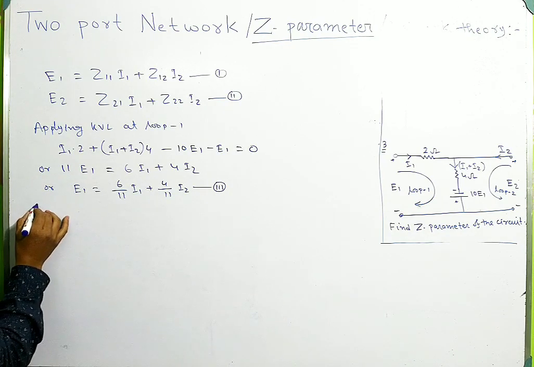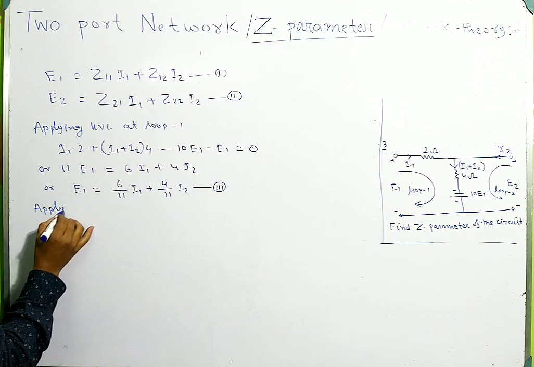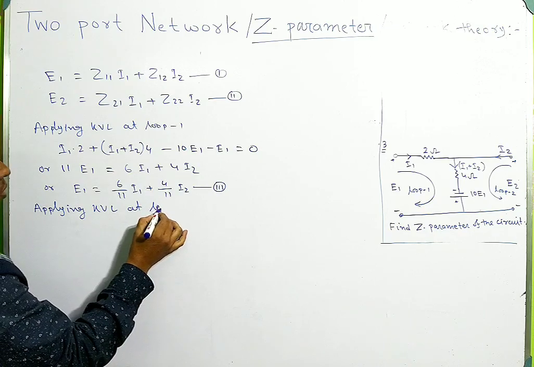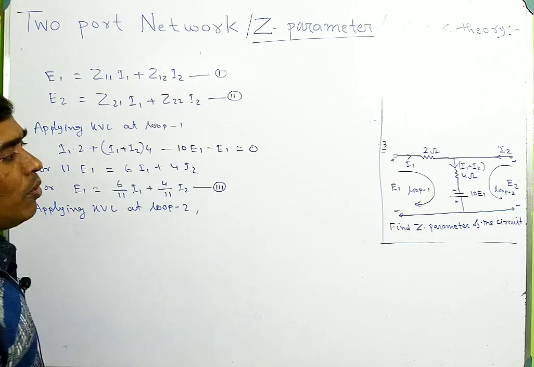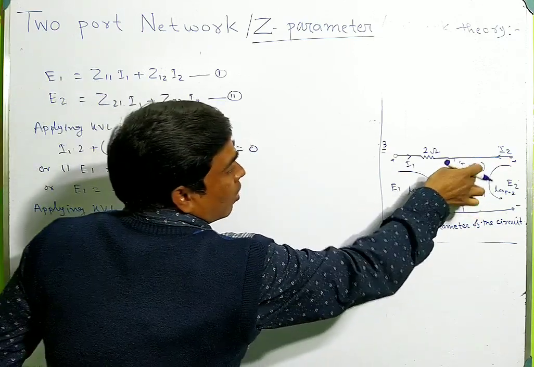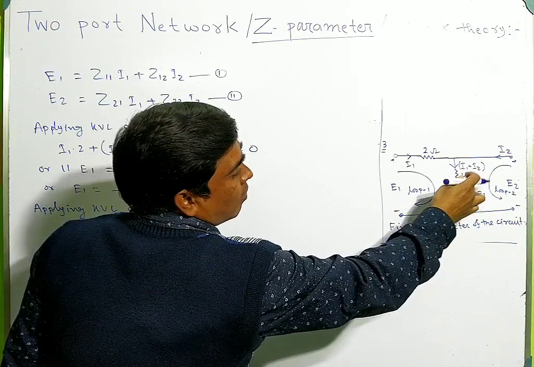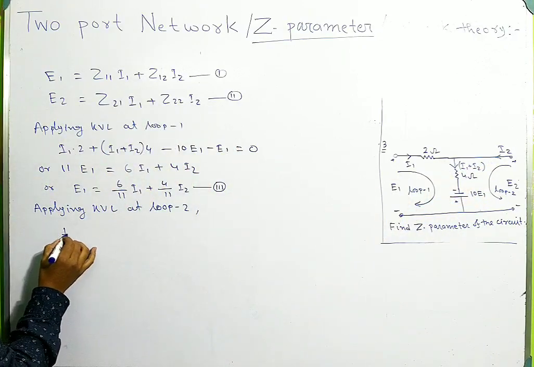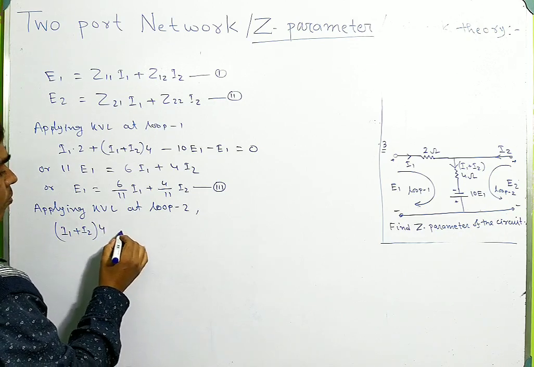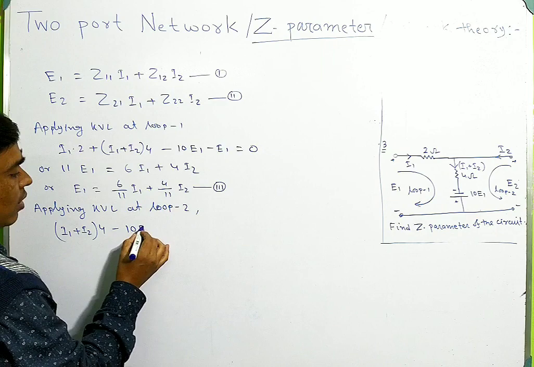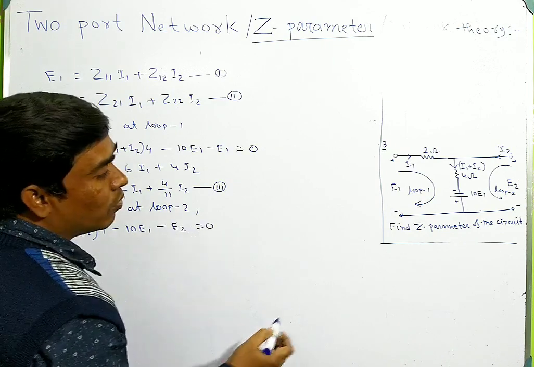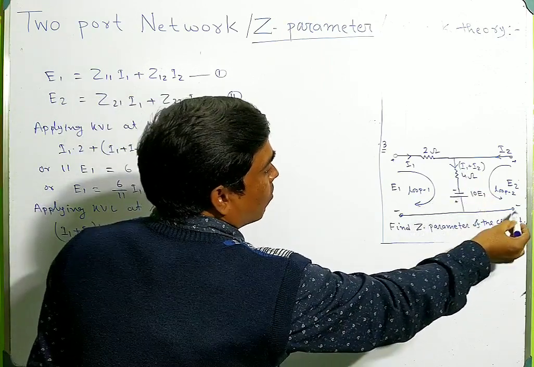Similarly if you apply KVL at loop 2, the current through this 4 ohm resistance is I1 plus I2, so it will be I1 plus I2 into 4 minus 10 E1 minus E2 equals 0.